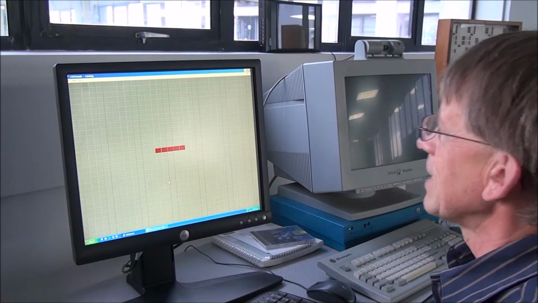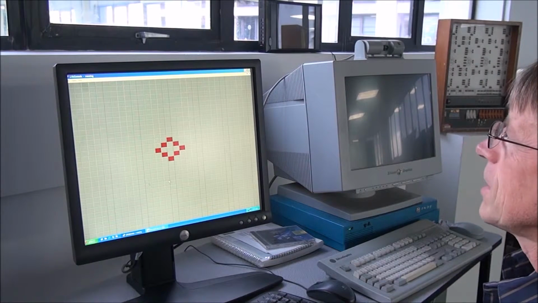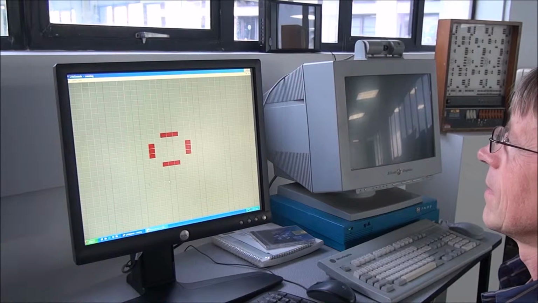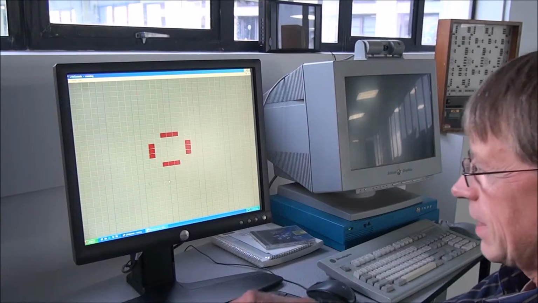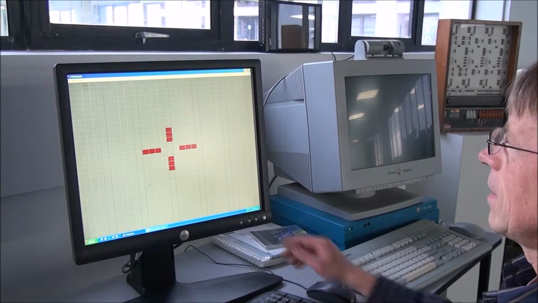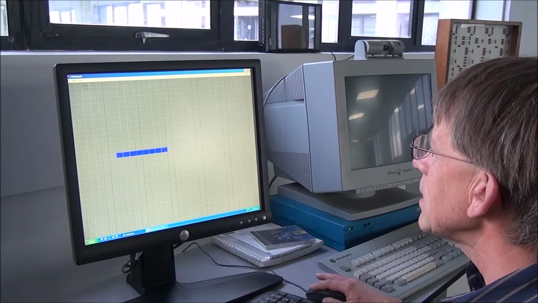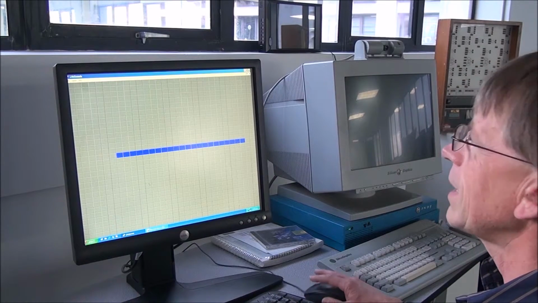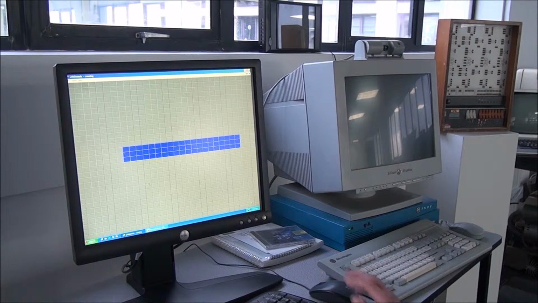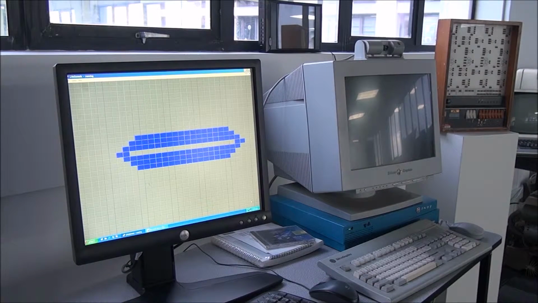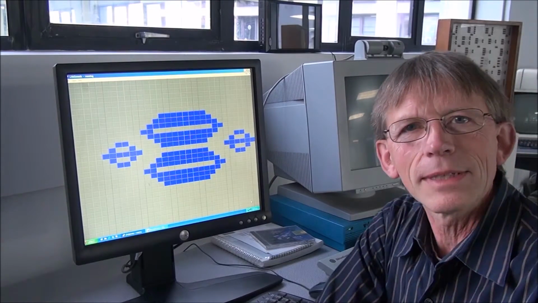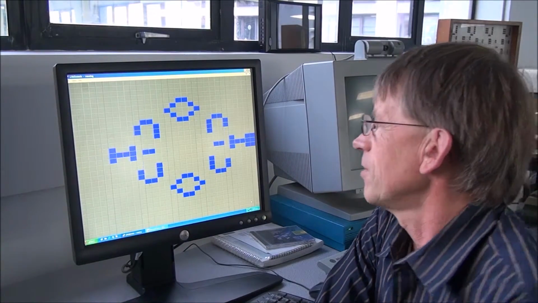So let's start this, and it goes like this, and it ends up in this circular pattern. You can start and just make simple rows and have a look at what happens. Let's go with it. What will happen? And we get quite nice patterns. You can see the more complex it becomes, the more unpredictable it is what will happen.